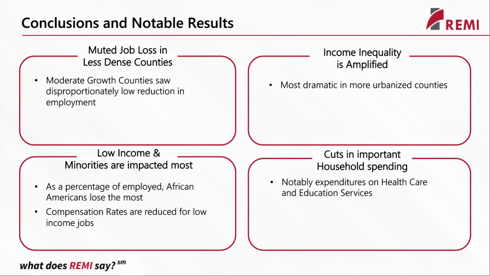Also interesting is that income inequality is amplified, that this impacts low income and minority populations quite significantly. And also there's evidence that as housing prices increase, households spend less money on really important goods and services, things like healthcare and education. Now, none of these results are probably very earth-shattering. I think we all kind of intuitively understand that housing price increases are bad for the economy, certainly bad for low income and for low wage earners.